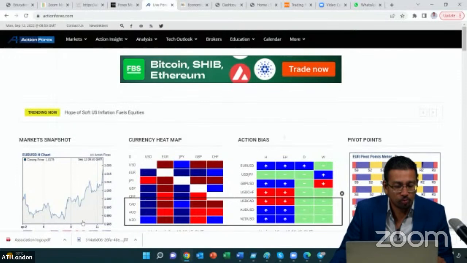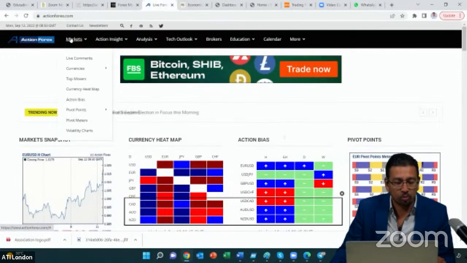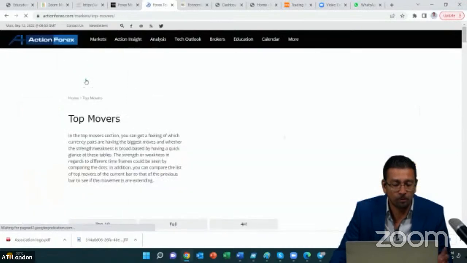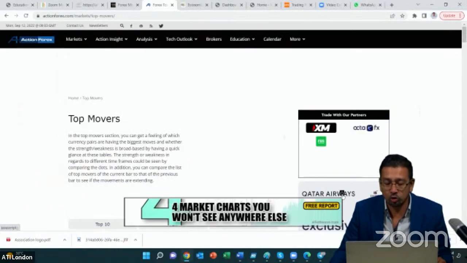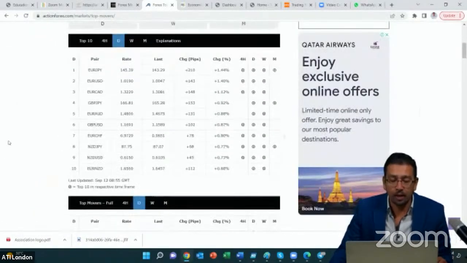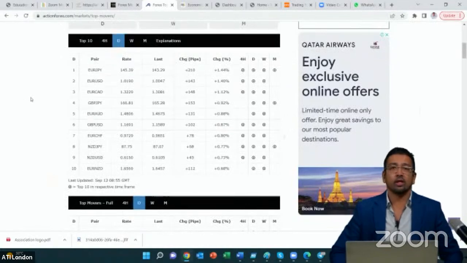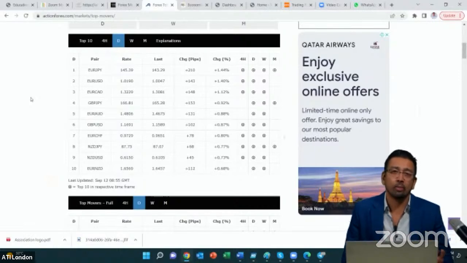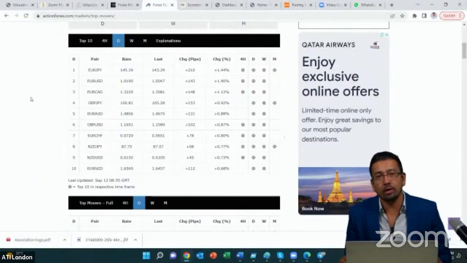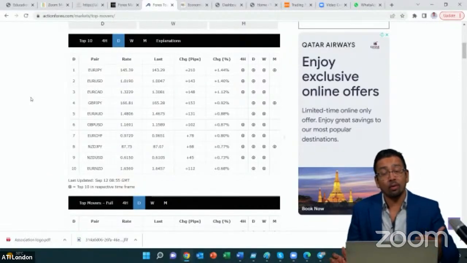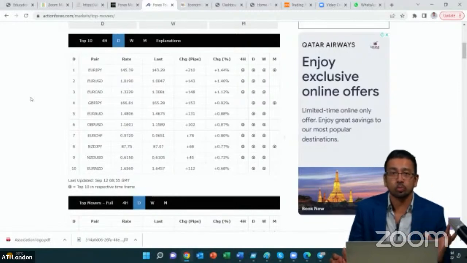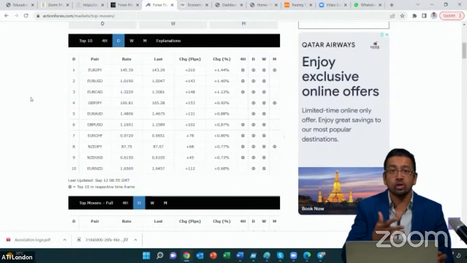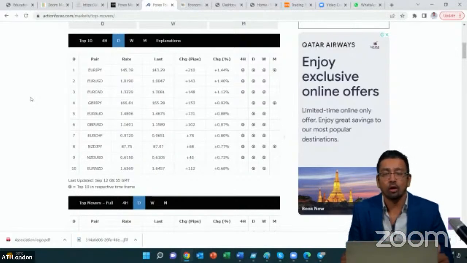Let's take a look at this moment of time at the top movers first before I bring you across to the heat map, just to get a little bit of an idea of whether what we talked about in our previous session on the Monday week ahead webinar, on the fundamentals perspective, would match up with the pairs that have been focused on for today.